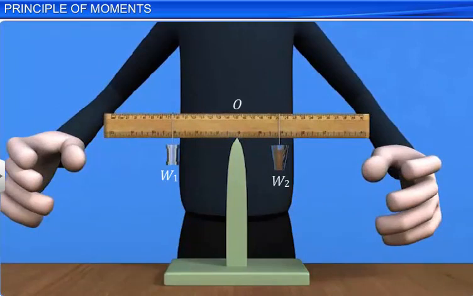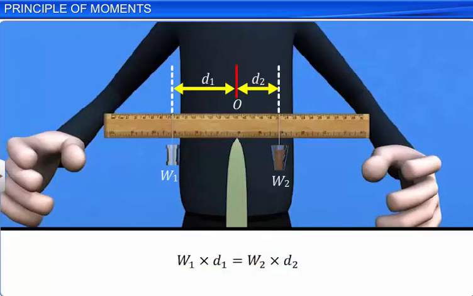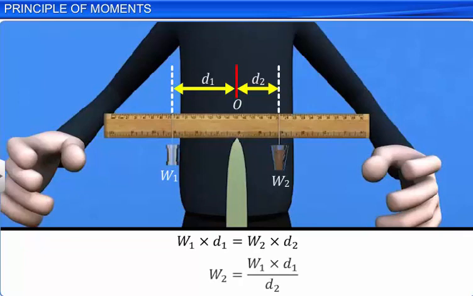Now, note distance D1 of the known weight and distance D2 of the object from O. Then, according to the principle of moments, W1 into D1 equals W2 into D2. Weight of object W2 is equal to W1 into D1 by D2. By substituting the values of known weight W1, D1 and D2 in the relation, we can obtain the weight of the object W2.